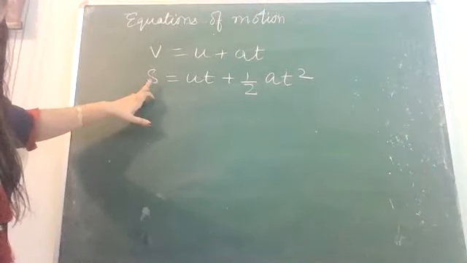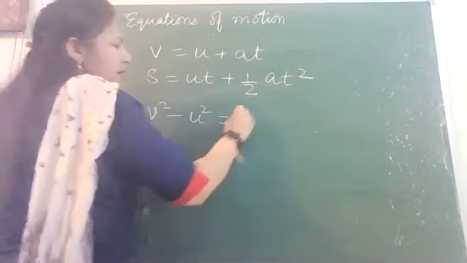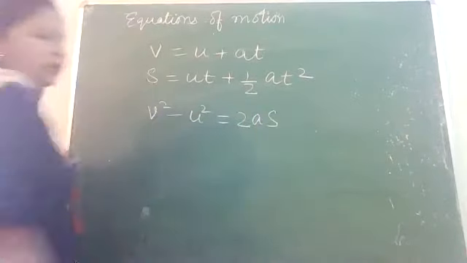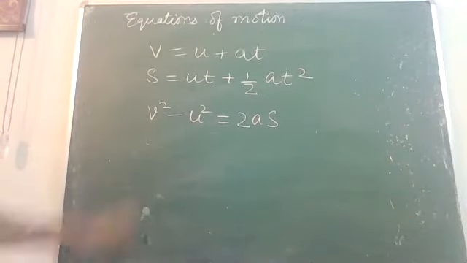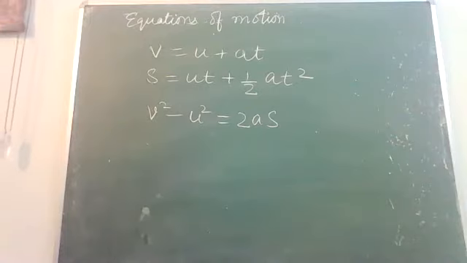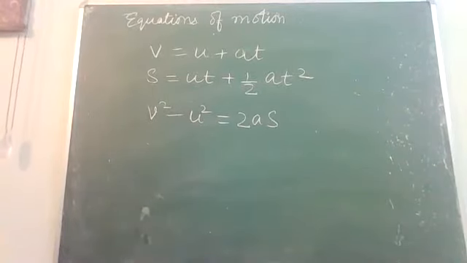Third equation is v square minus u square equal to 2as. Again, the symbols have usual meanings. You have to learn these equations. We can have either their derivations, their proofs, or we can have numericals also. On the basis of these equations, we can have numerical problems also. Is that clear, students?